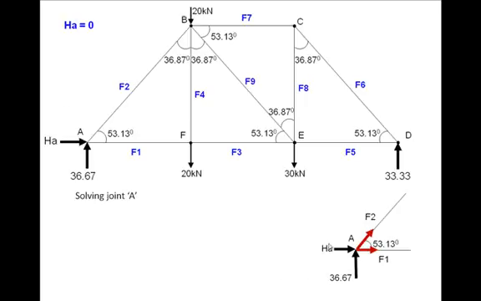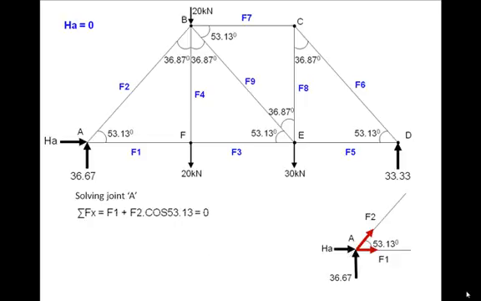Now see, HA is 0, and 36.67 we already worked out. F1 and F2 are unknowns at the moment, so I don't know their direction, so I assume them to be directed away from the joint, and this assuming away means I assume them as tensile. Now look here, this is a situation of concurrent forces keeping the joint in equilibrium, so these forces together must obey sigma Fx = 0, sigma Fy = 0.